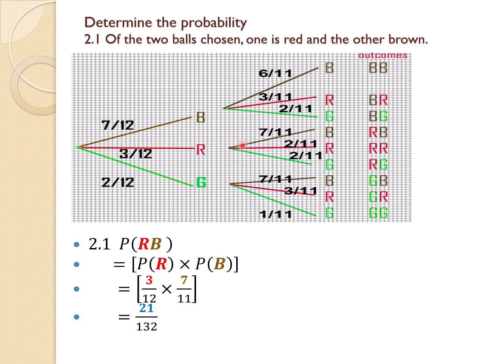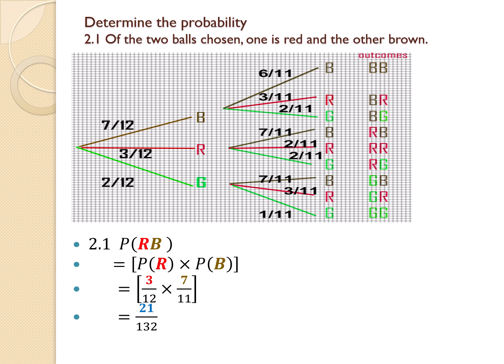So very important with dependent events, you understand that the sample space decreases as we go along. If we did a third row, it would be 10. If we did a fourth row, it would be 9, etc. So probability red, then brown: 3 times 7 gives me 21, 12 times 11, 132.